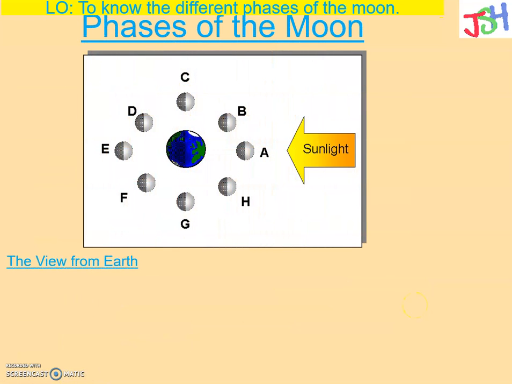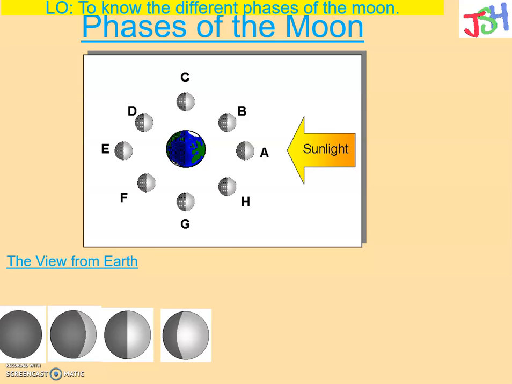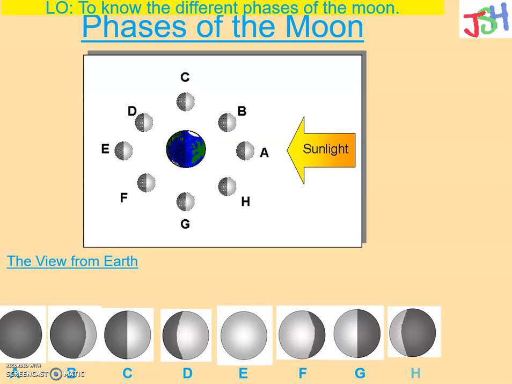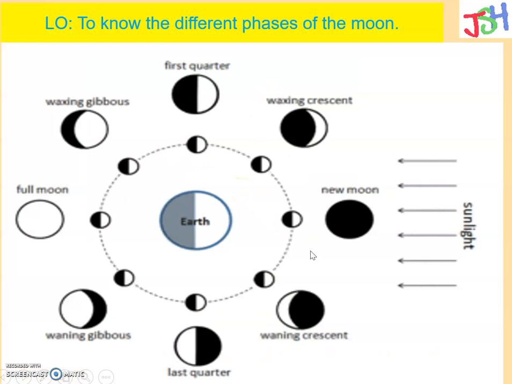The phases of the moon are due to the changes in the shape of the moon. As you can see represented here, the sunlight, and then the different phases. The phases of the moon start with the new moon. The new moon is normally dark.